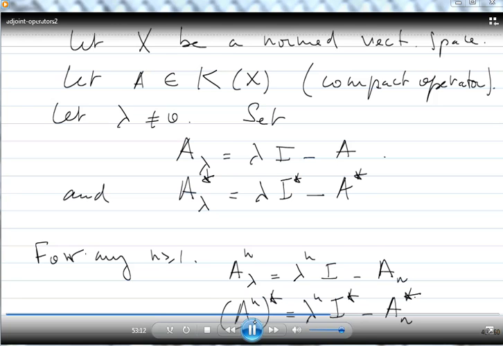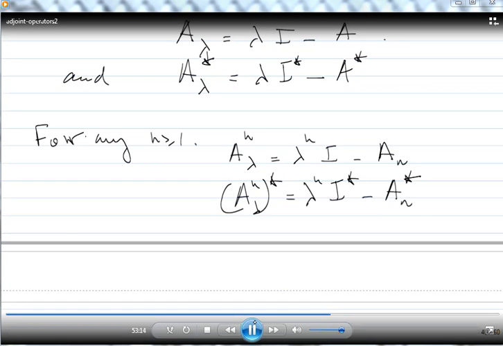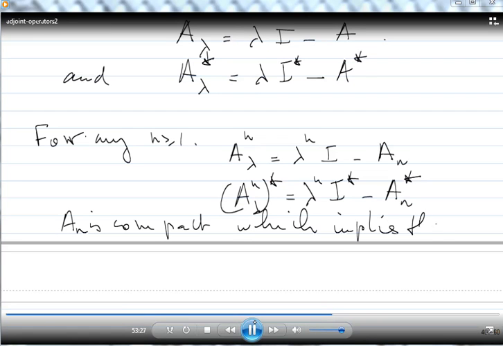And what's interesting is that we have seen that A to the n is compact, which implies that A to the n star is also compact. Okay, great.